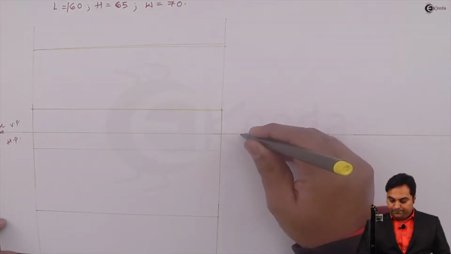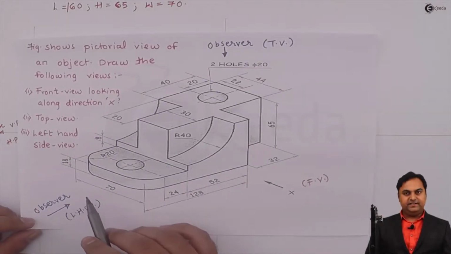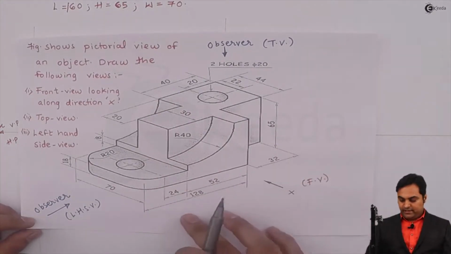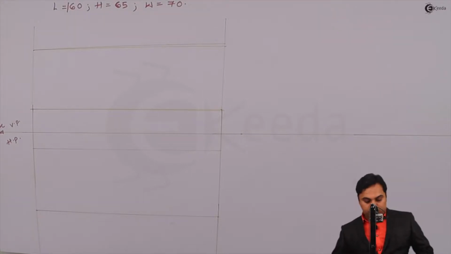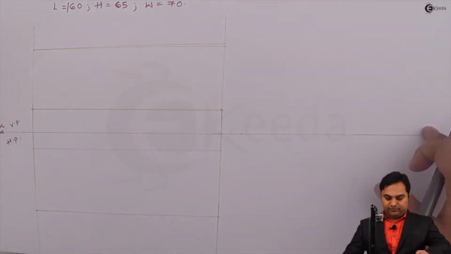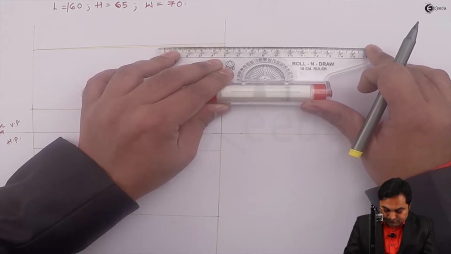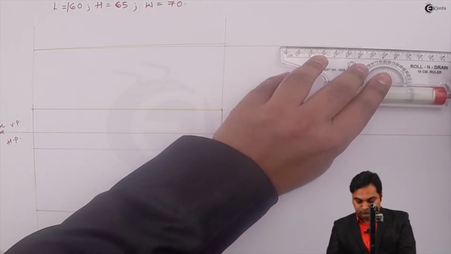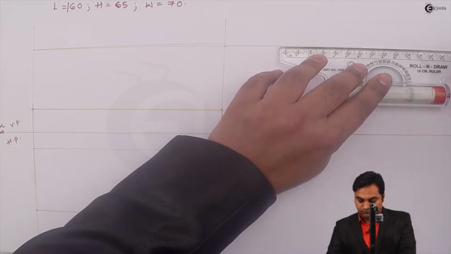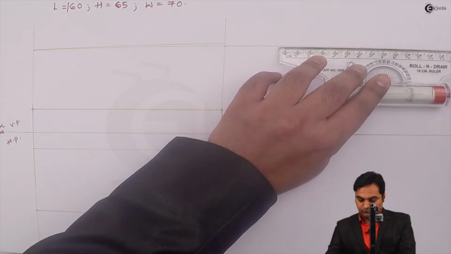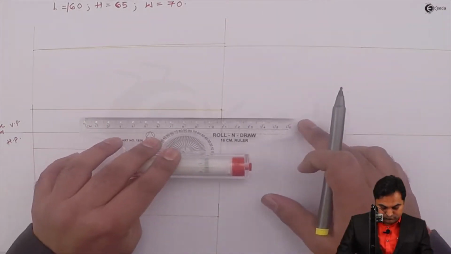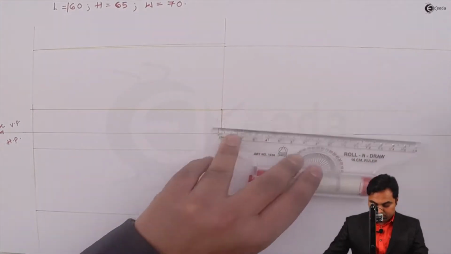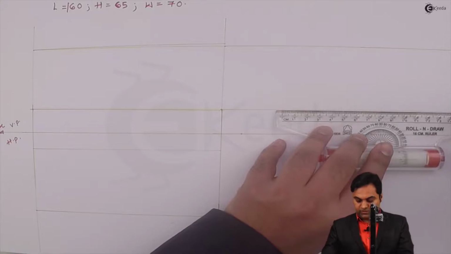Then for the side view, when we are looking at the object from the side, in that case the width of the object and the height of the object will be visible and not the length. So the height of the object I can get directly from the front view. So I have projected the height.